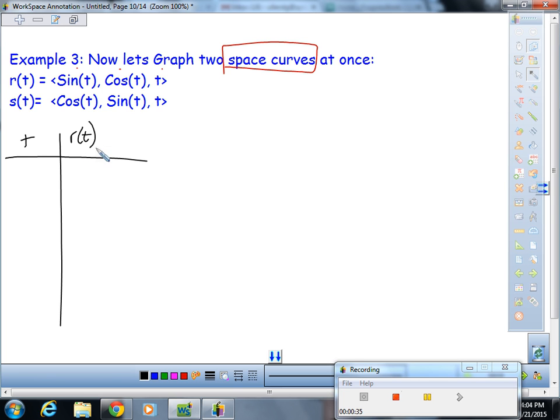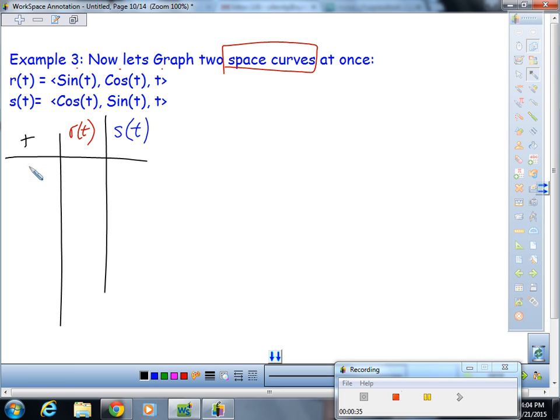Now let's have r of t here in red, and let's have our s of t here in blue, and let's just pick some even easier values for t.